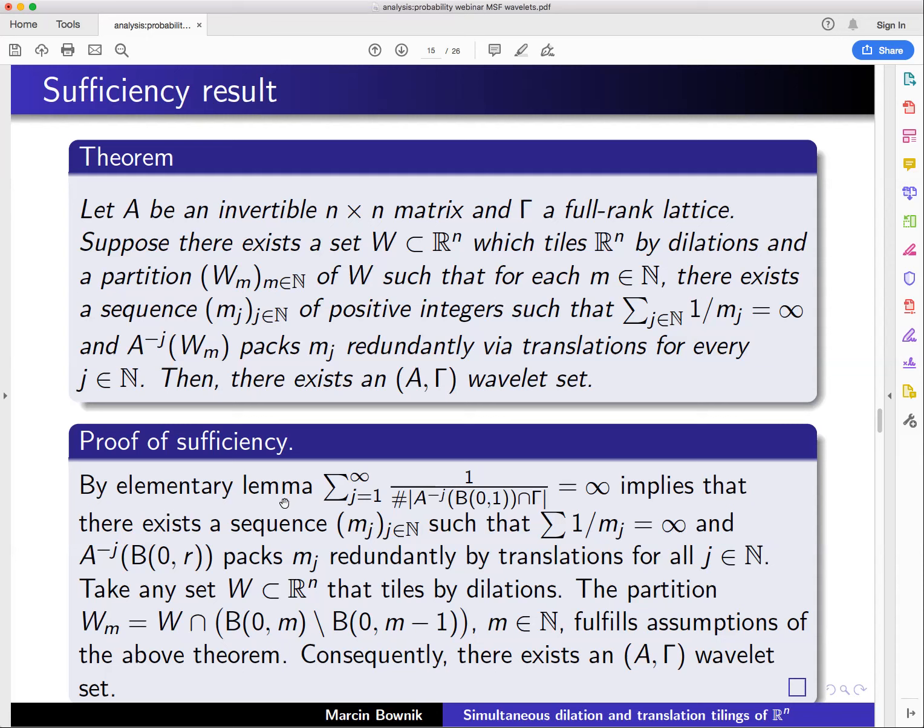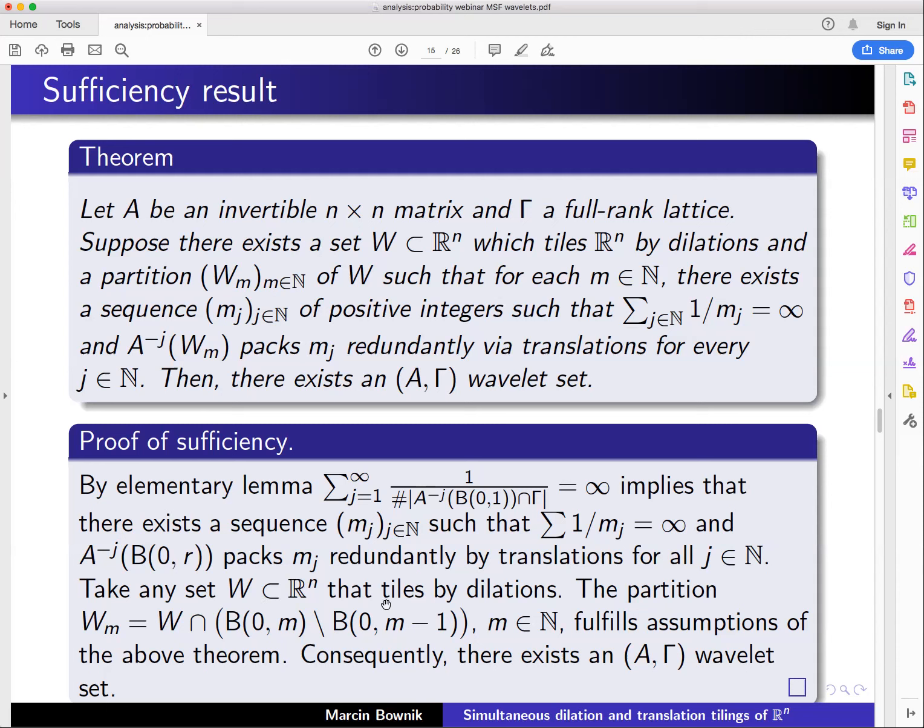Now, how do you see sufficiency? Why is the condition that you have here sufficient? Because this implies, first of all, the existence of this m_j, that the sum of 1 over m_j equals infinity, and then they pack redundantly every ball of any arbitrary radius.